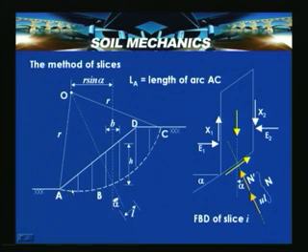Previously, in the circular arc method, we tried to find the area of the entire portion and multiplied by its unit weight. However, it is difficult to find its weight and its location.